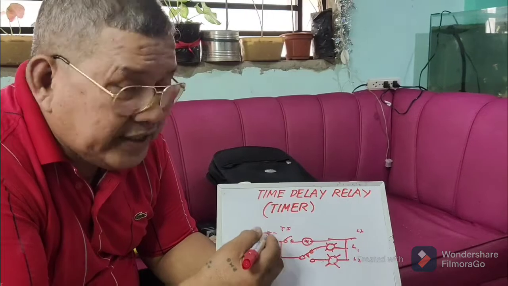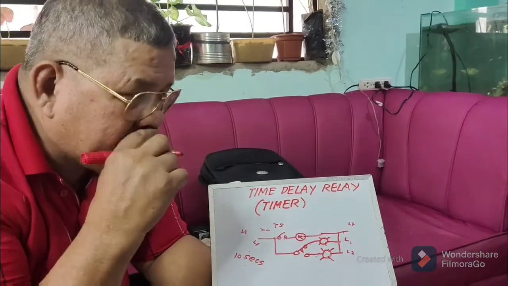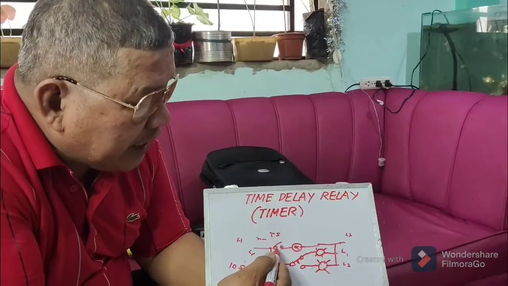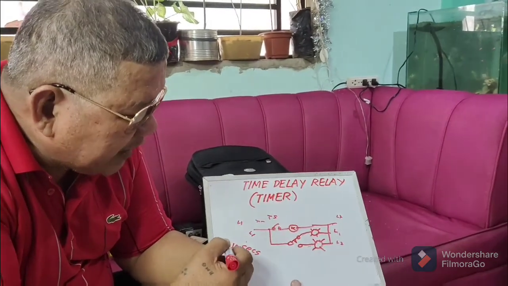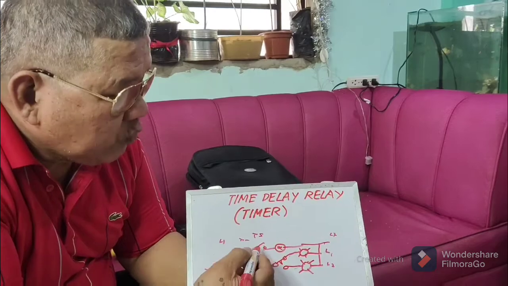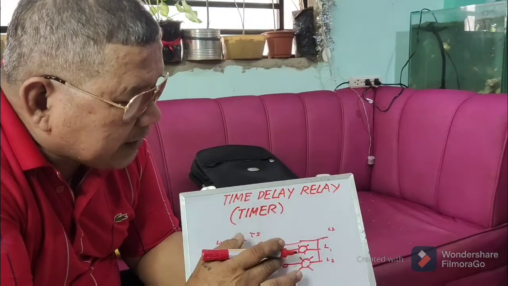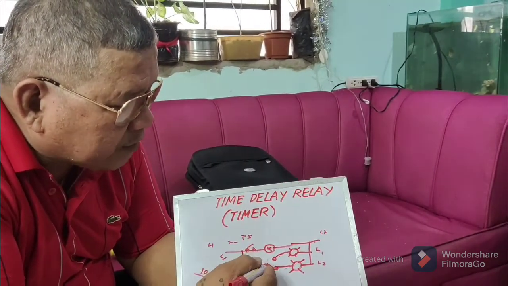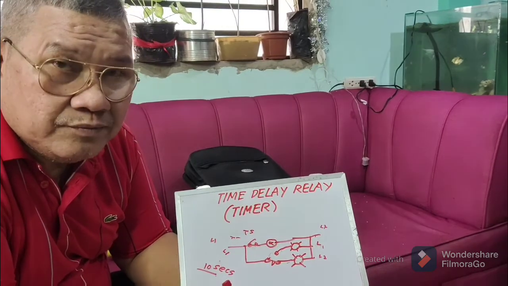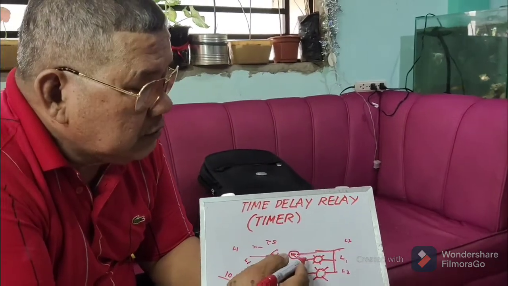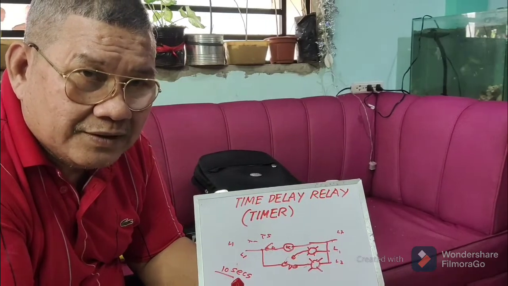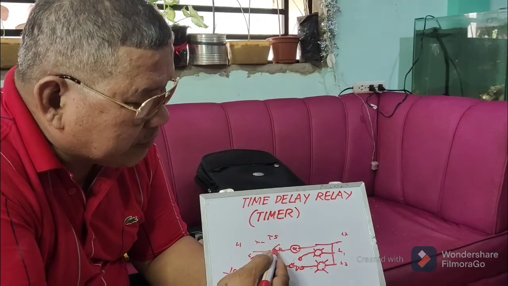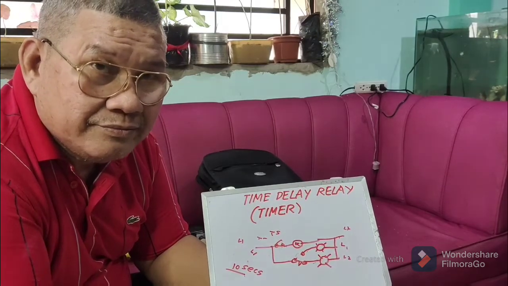Now, when you energize this, let us say you still adjust 10 seconds. When you energize this, automatically the contact will transfer to lamp 2. So lamp 1 now is off after switching the toggle switch.